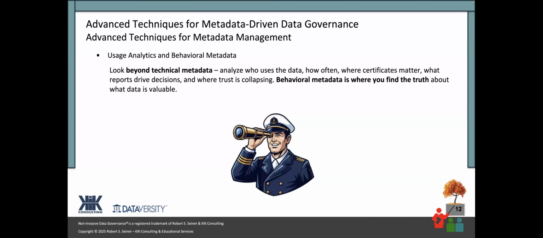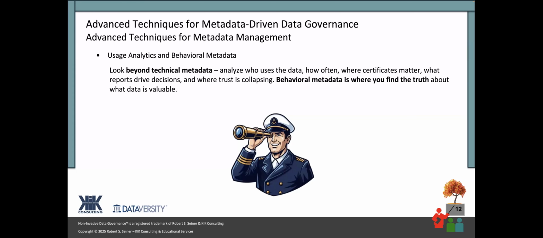And then the last of the five things that I talked about, as being kind of the themes that will resonate throughout, is using some of the metadata that we're collecting beyond what traditionally we've been used to using metadata for, even lineage or definitions or those types of things. There's metadata being collected about who uses the data, how often they use it, where the certified data is being used within the organization, what data drives reports.